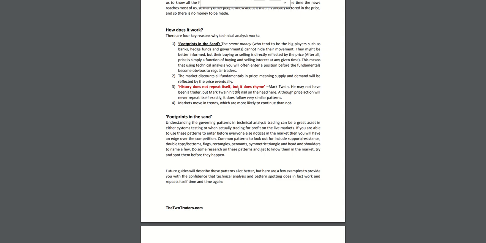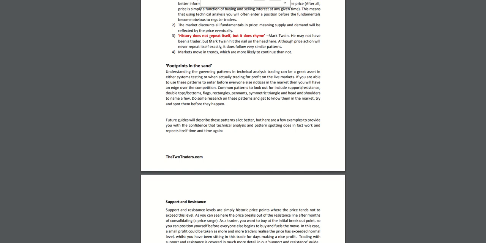Second, the market discounts all fundamentals in price, meaning supply and demand will be reflected by the price eventually. Third, this quote I like: "History does not repeat itself, but it does rhyme." Although price action will never repeat itself exactly, you do get patterns. You can never fully expect price to just bounce off of support and resistance, because then you would be in a range forever.